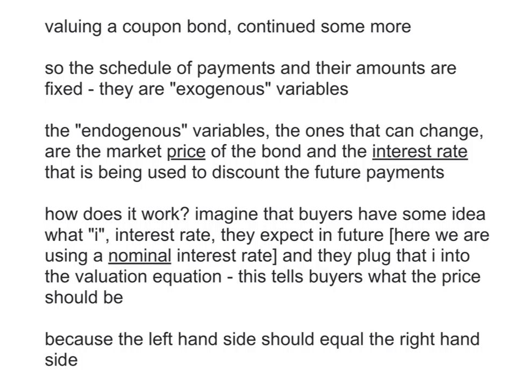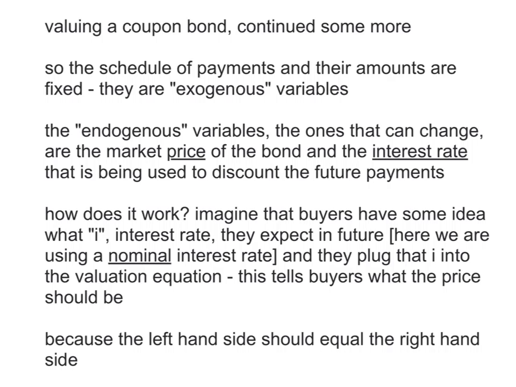Okay, imagine traders, buyers, are thinking of buying some specific bond. In their head, they have some idea about what's the appropriate I or interest rate to use to discount all the future payments. So they take that choice of interest rate, they apply it to the known future coupon payments and maturity payment.